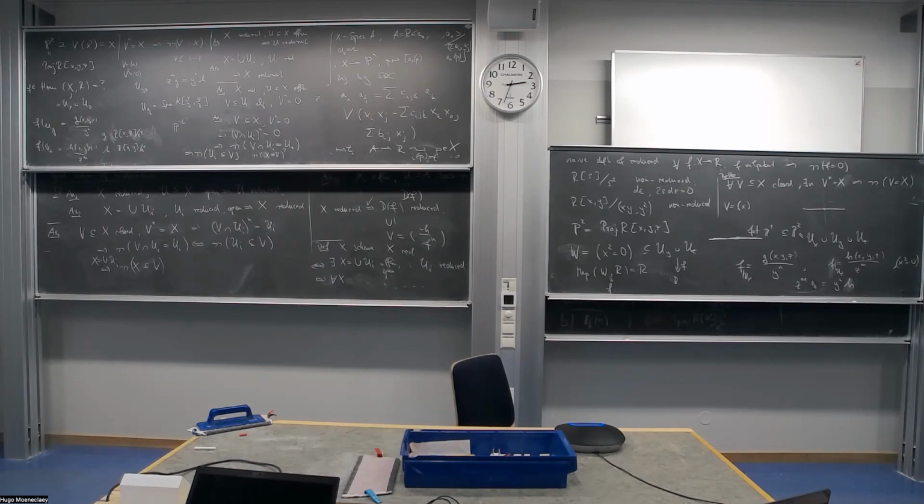Maybe the simple example is just R[epsilon]/epsilon squared. It's just the fiber of R over itself. And you can draw a circle around if you want.